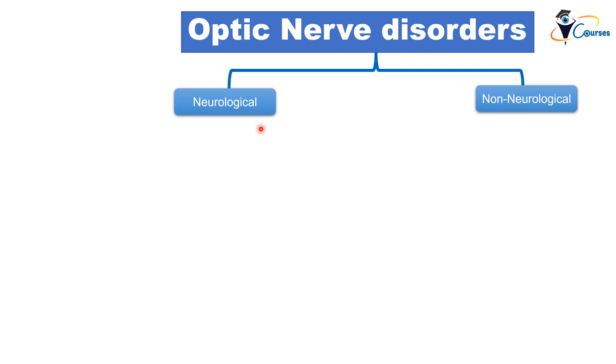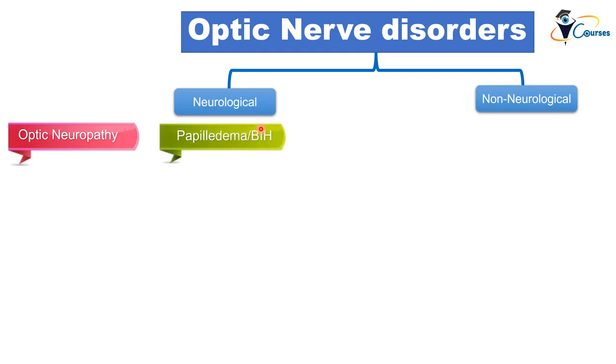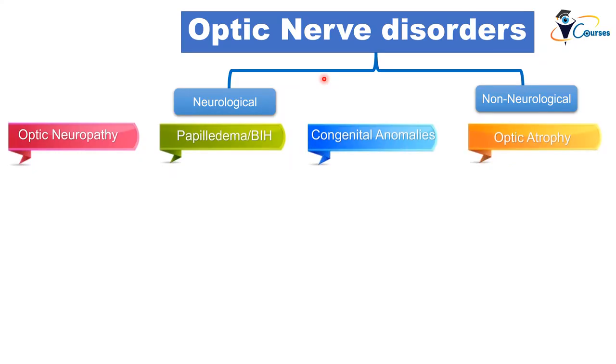So if there is visual loss associated with impaired optic nerve function, such as in color vision, this is called an optic neuropathy. So what are the different kinds of neurological disorders affecting the optic nerve? It could be optic neuropathy, papilledema or benign intracranial hypertension, some congenital anomalies, and optic atrophy.